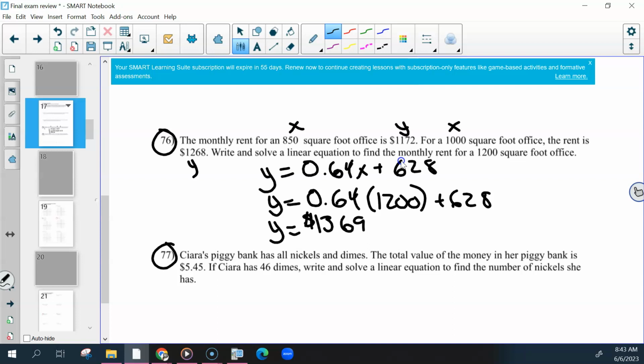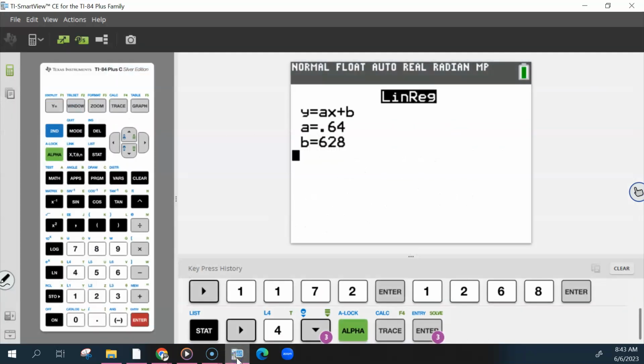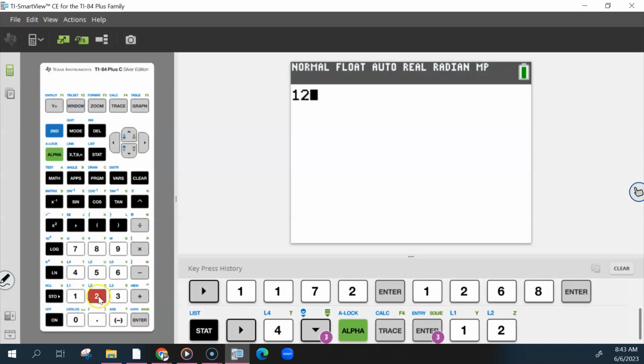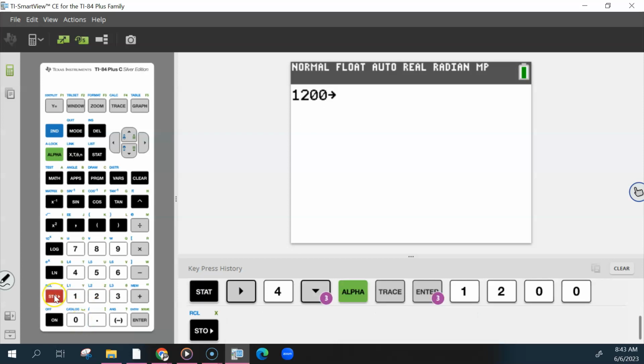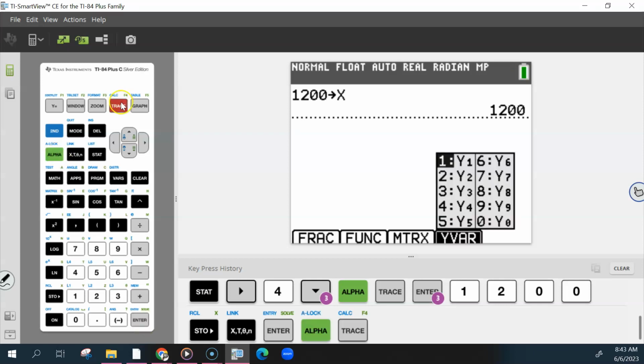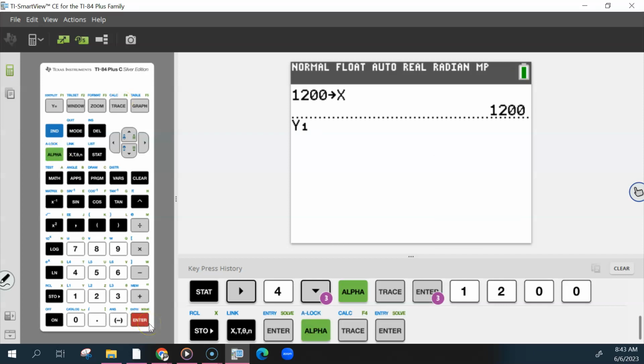If you wanted to do that process in the calculator, you could do exactly what I have, type in, or from this page, I could store 1,200 as X. So put in 1,200, type in the STO, and then X, and then Enter. And since I stored the equation in my calculator, I can go back and hit Alpha Trace and Enter, and it would give me that same number.